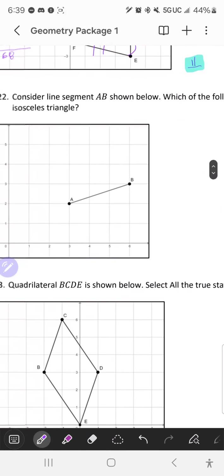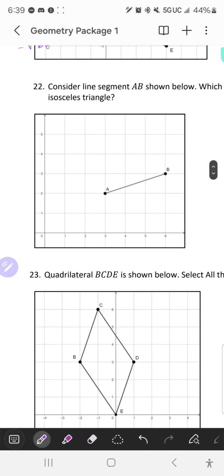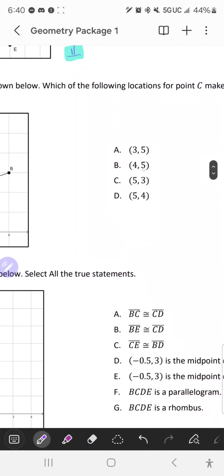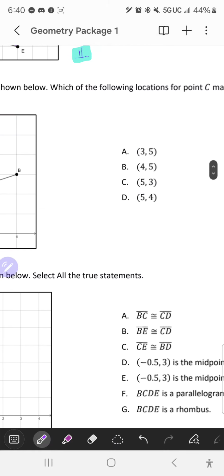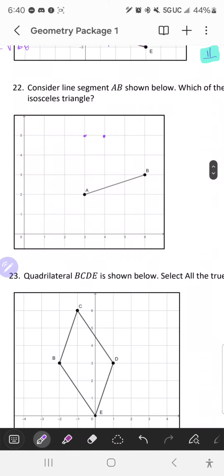So 3 comma 5. I have 3 here, I have 5 here. Yeah, this is 3 comma 5. Here we go. Now 4 comma 5 here. 4 comma 5. 5 comma 3.